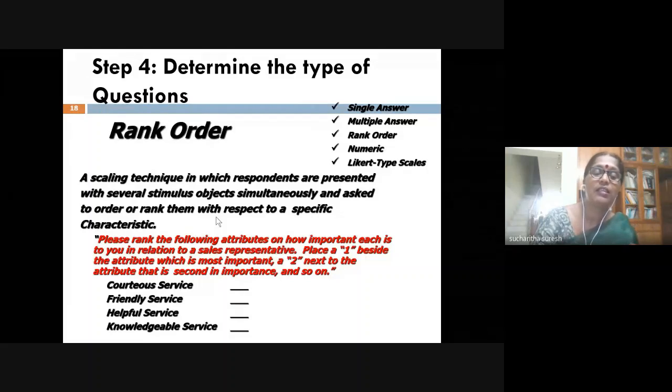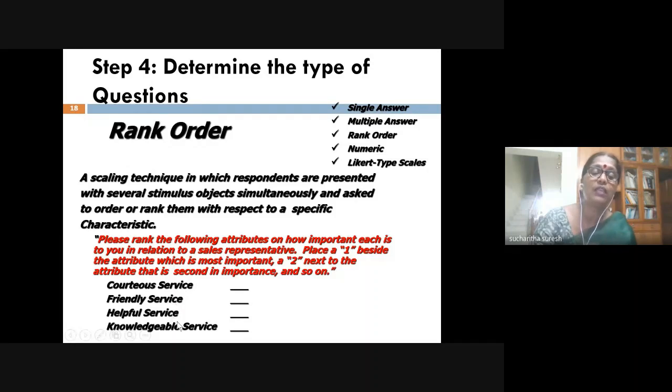See, courteous service: here they have to rank 1, 2, 3, 4. It is not ticking; it is ranking which one I want first. Place 1 beside the attribute which is most important for you, 2 next to the attribute that is second in importance, and so on.